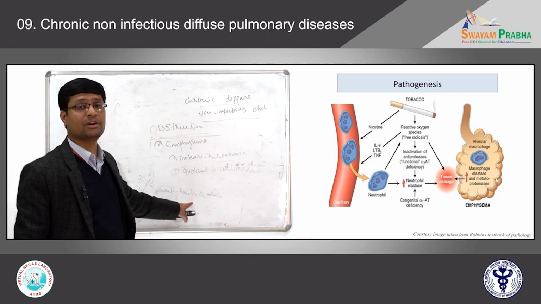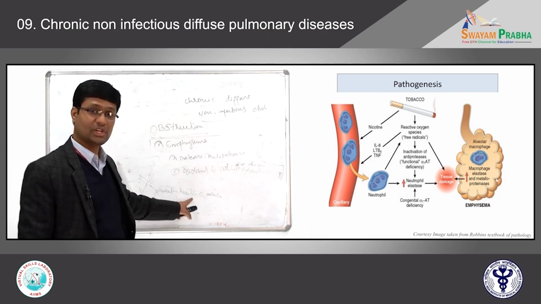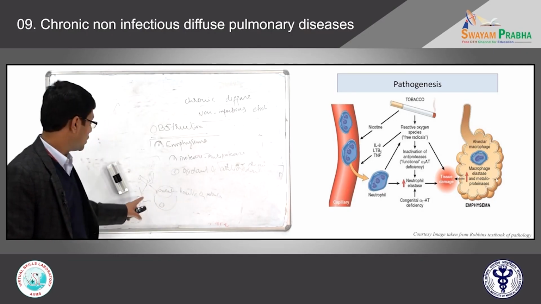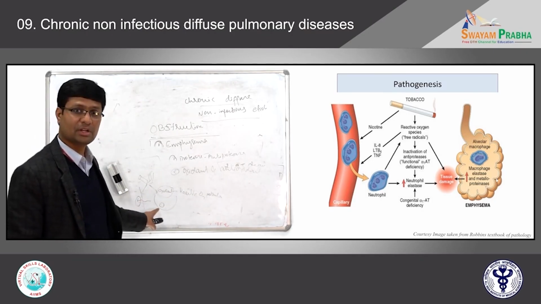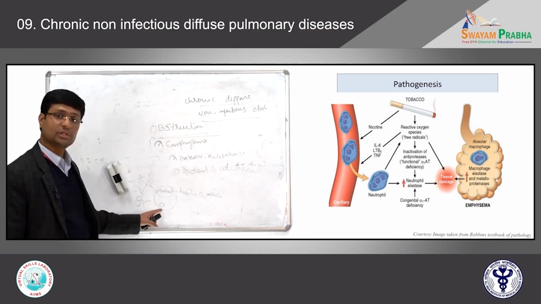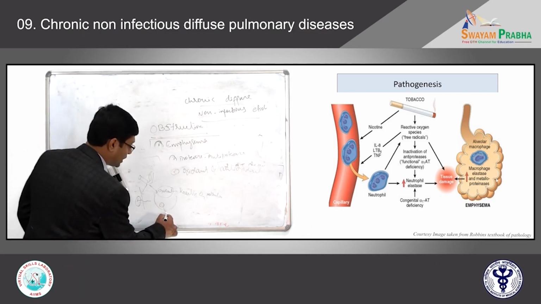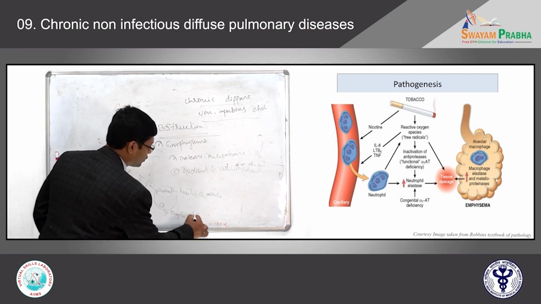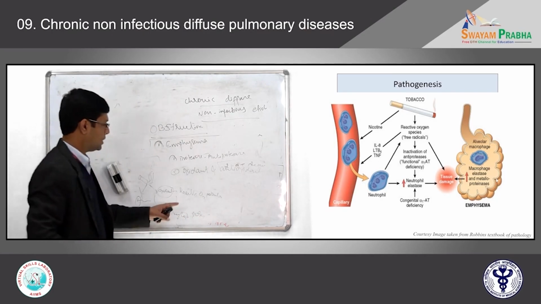They can destroy any normal body structure, any cells. It also causes chemotaxis of the lymphocytes and neutrophils. Once neutrophils come into the alveoli, they also get activated and produce more cytokines, like proteolytic enzymes.